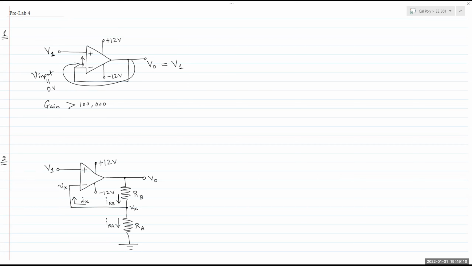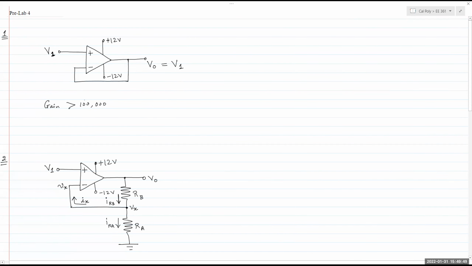There are multiple ways to express how and why this circuit gain is equal to 1. One of the ways is basically to state that since the input voltage is equal to 0 and the inverting input terminal is V1, and we say there's a short between the input and the output, we can automatically state that VO should be equal to V1. Now, in reality, if this was an open loop amplifier, the open loop gain is greater than 100,000.